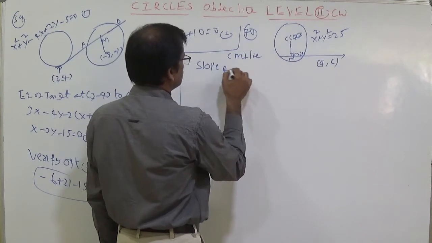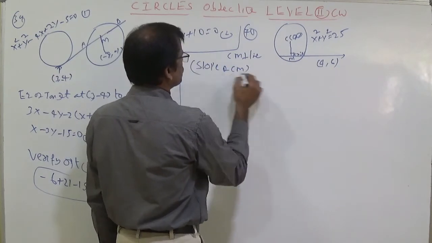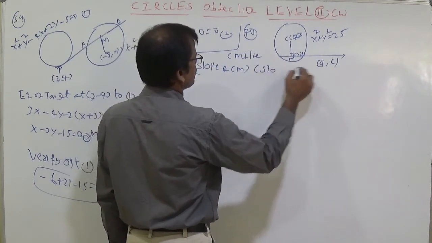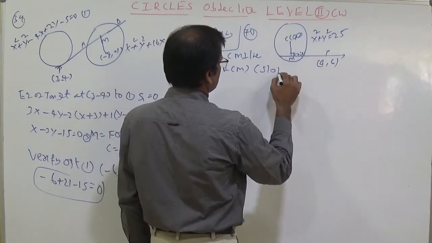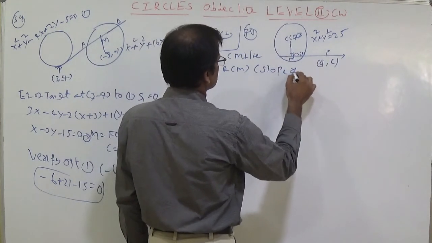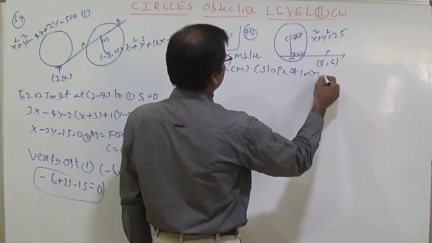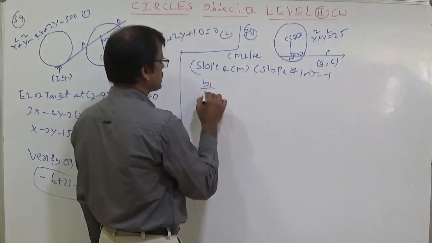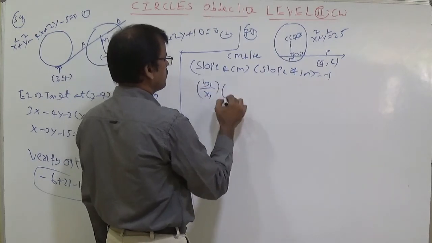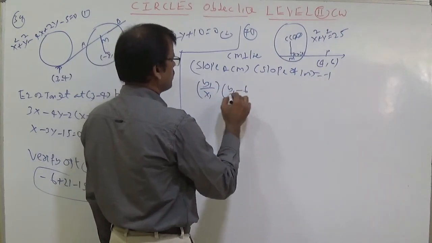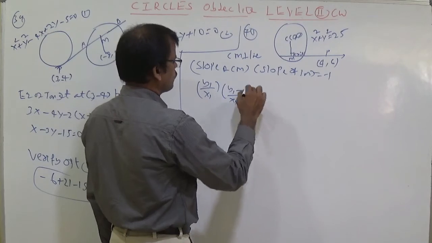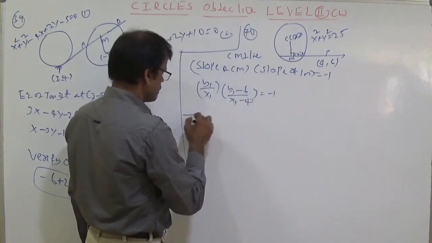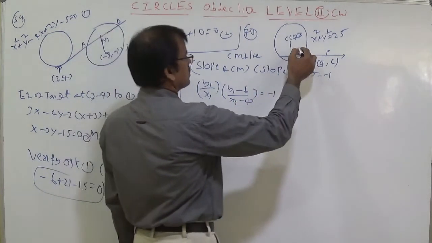You can write slope of CM times slope of PM, where P is the point, equal to -1. According to this, you can write (y1 - 0)/(x1 - 0), that is y1/x1, into (y1 - 6)/(x1 - 4) equal to -1.